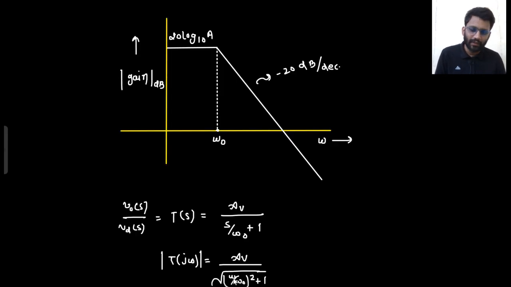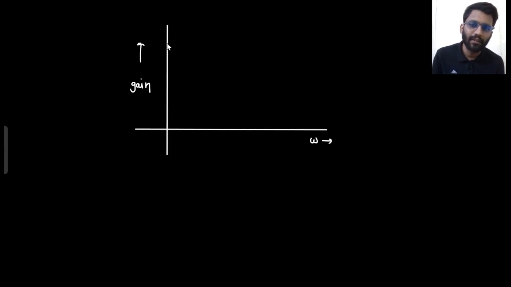Here I am only writing gain in decimal, not in dB this time, versus frequency. So at 0 frequency, if omega goes to 0, your gain would be AV only. After that, it will decay down like that.